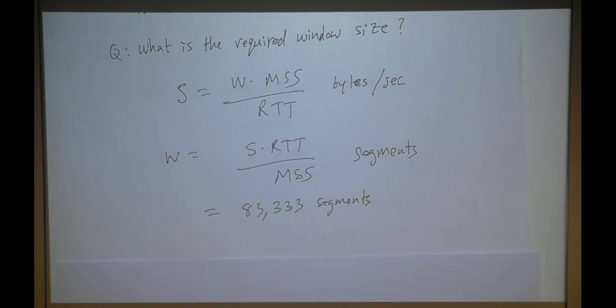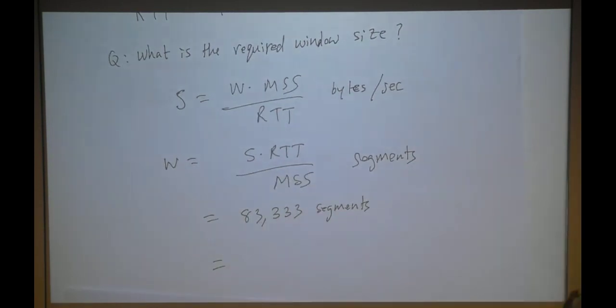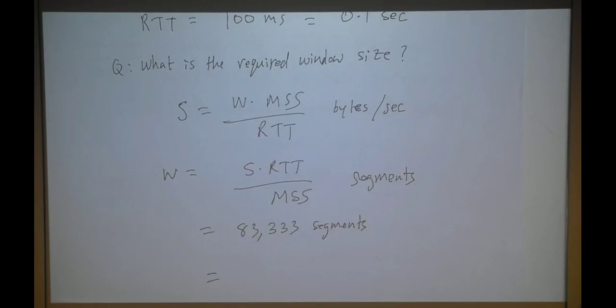Can somebody convert that to bytes for me right now? There are 1,500 bytes per segment. I want to write it down to show you how big this number is. Can somebody compute it for me? Remember, there are 1,500 bytes per segment, and I have 83,333 segments.